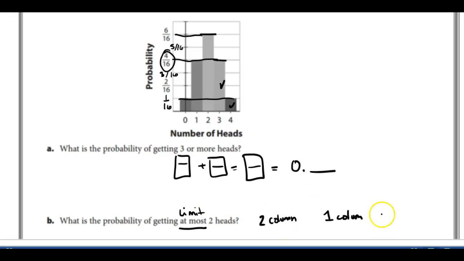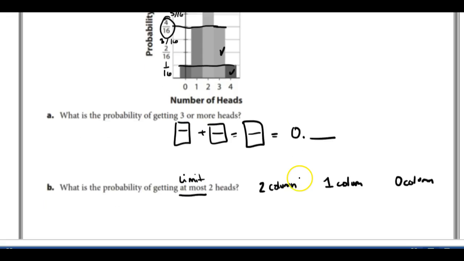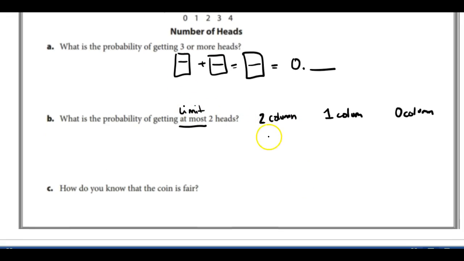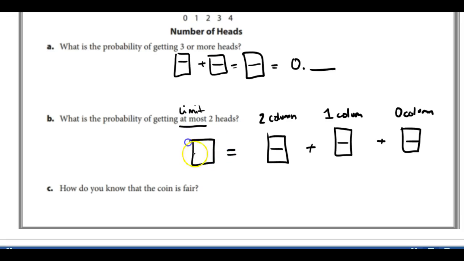So 2 column, 1 column, and 0 column. So let's go ahead and, well, we know what our 2 column is. We know what our 1 column is and what our 0 column is. So go ahead and put those fractions in. Let's go ahead and add all those up. And let's change that again to a decimal value.